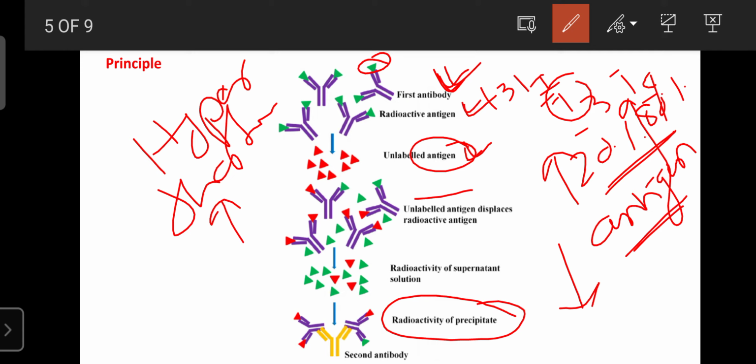Suppose we mix a fixed 1 nanogram of the antibody with the radioactive antigen. If the same amount is present after 24 hours, it means that the patient does not have any COVID-19 antigens.